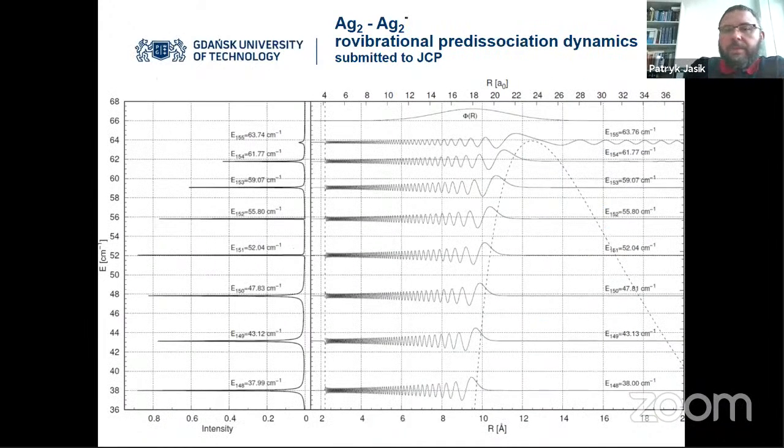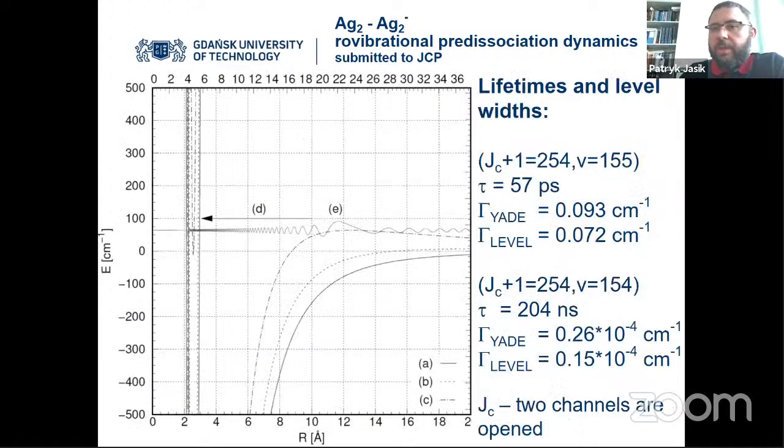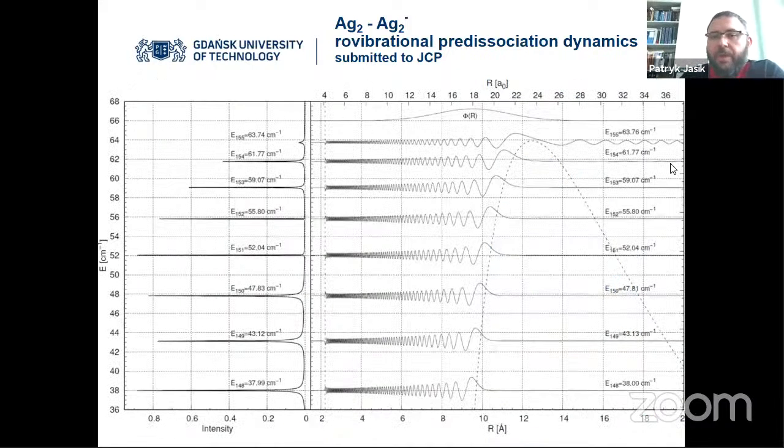And you can see the spectrum for J equal 254, and you can see several rotational and several vibrational levels.